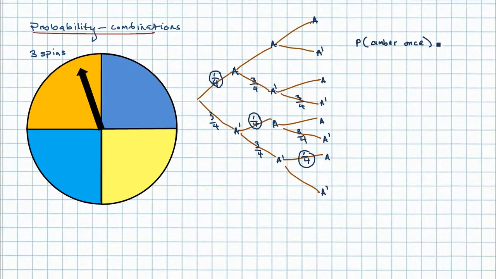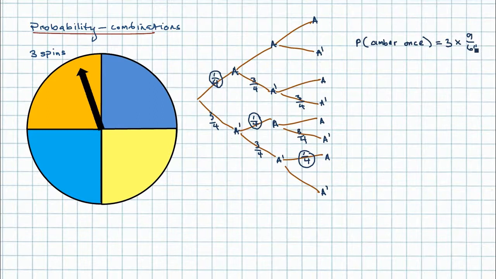So we get 1/4 times 3/4 times 3/4. In other words, what we've got is 3 combinations. So let's just write down 3, multiplying together the same fraction. 1 times 3 times 3 is 9 out of 64, because 4 times 4 times 4 in the denominator. So 3 times 9/64.